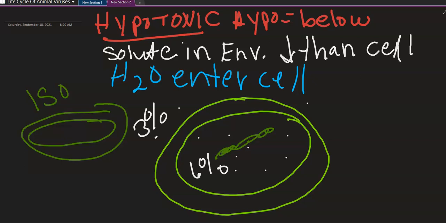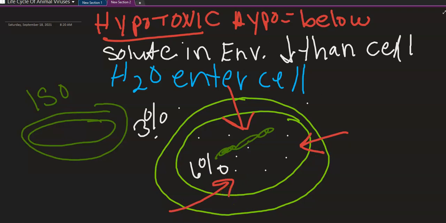So remember that water follows salt. Of course, remember again, that's not always sodium. It can be sodium, potassium, calcium. It can be glucose, protein, okay? But it's just a handy way to help you remember it. Water follows salt. And so water is going to be drawn into the cell. And so therefore, the cell will swell, okay?